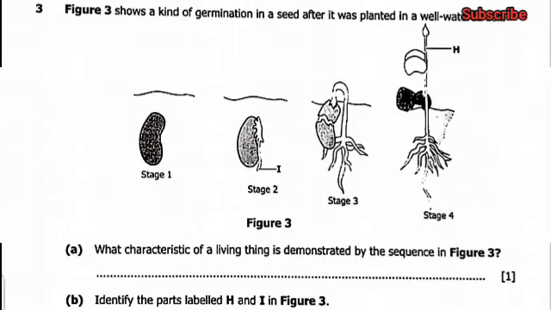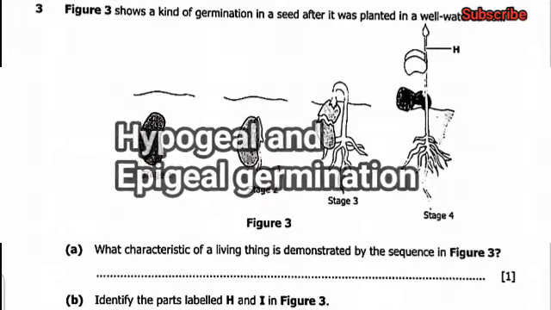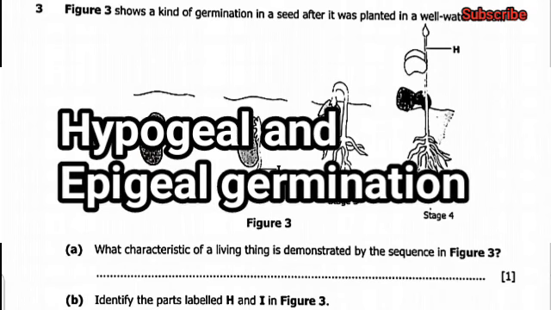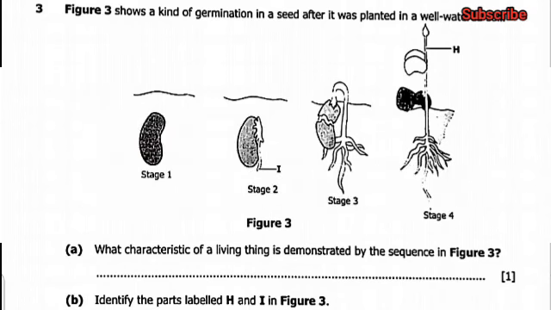By the way, we have two types of germination. Hypogeal germination and epigeal germination. Hypogeal germination takes place in such seeds as maize, because maize is a monocotyledonous seed.